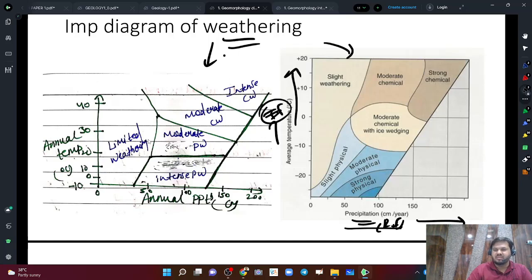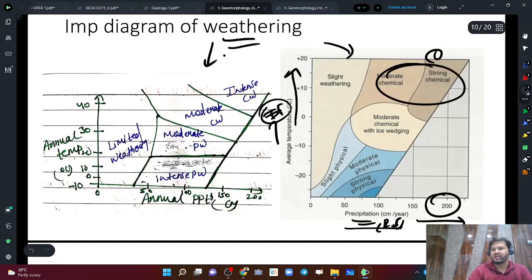So what this means is that wherever you have higher rainfall and higher temperature, you will have strong chemical weathering. So what are the areas in the world which have higher rainfall and higher temperature simultaneously? What are the geographical regions which have high? Equator. Yes, equator. Very good, Kaushal. Right. So equator areas basically have strong chemical weathering.